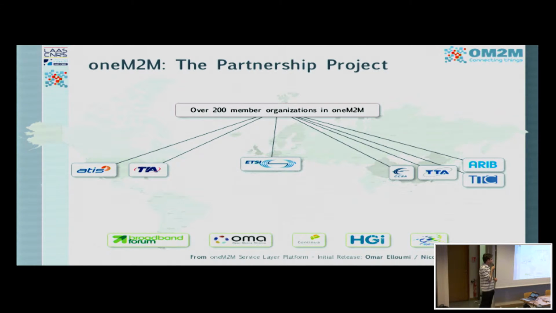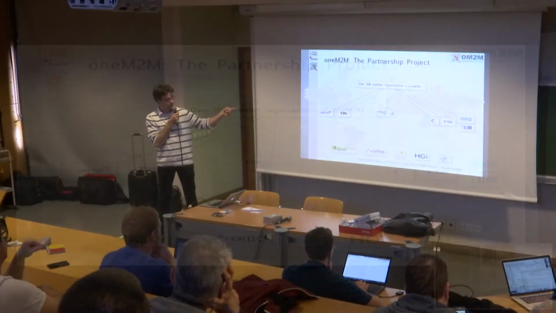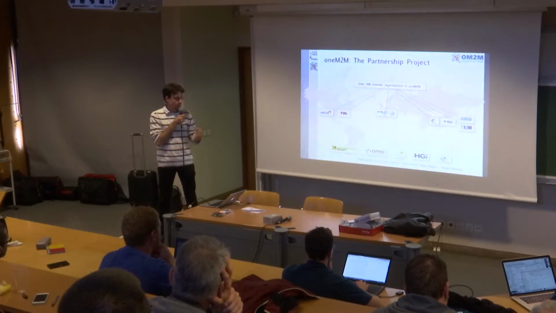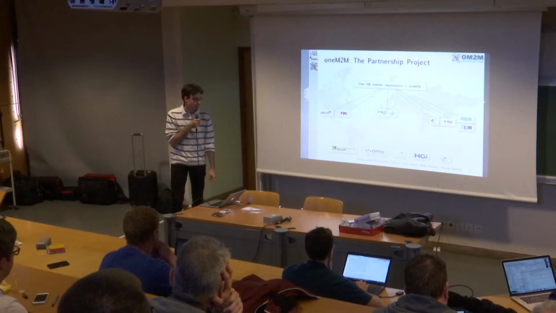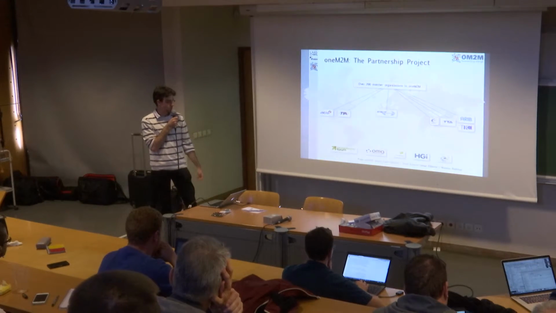It regroups over 200 member organizations, with standardization bodies such as ATIS in America, ETSI in Europe, and in Asia with China and Japan, and other standard organizations for device management, for instance, such as OMA.